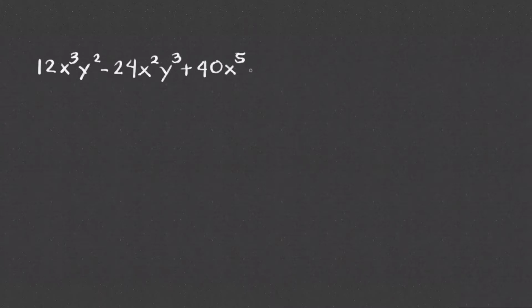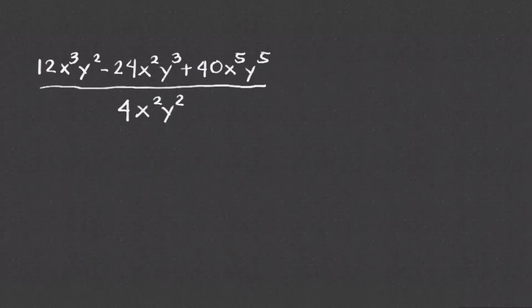Let's have another example. So 12x cubed y squared minus 24x squared y cubed plus 40x raised to the 5th power y raised to the 5th power divided by 4x squared y squared. So to solve for this, let's separate them and let's just copy the denominator.